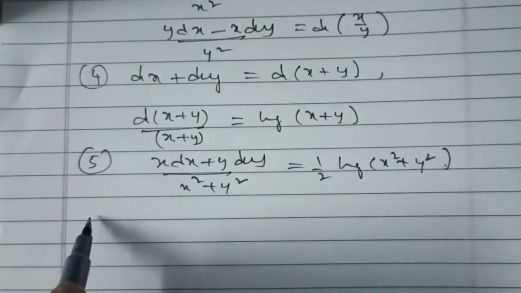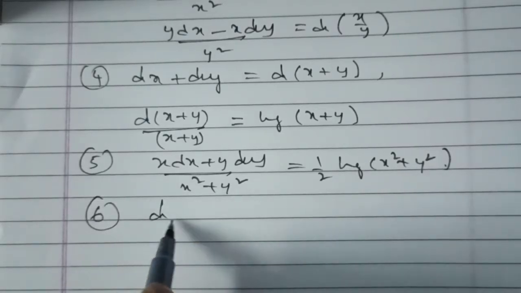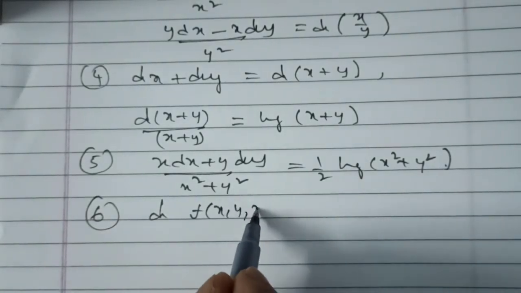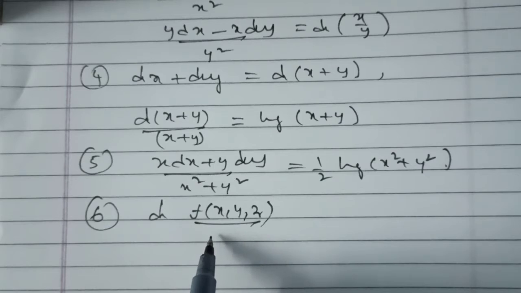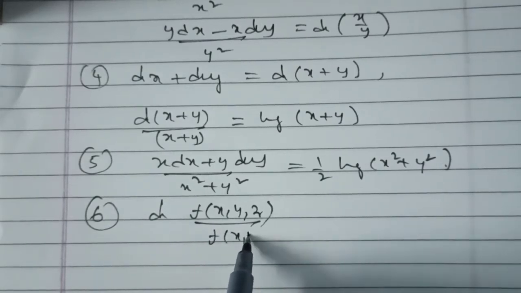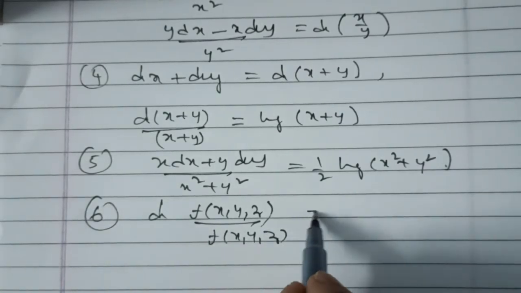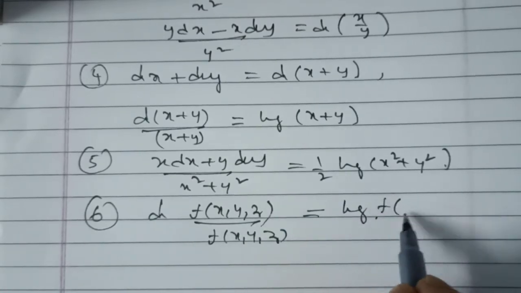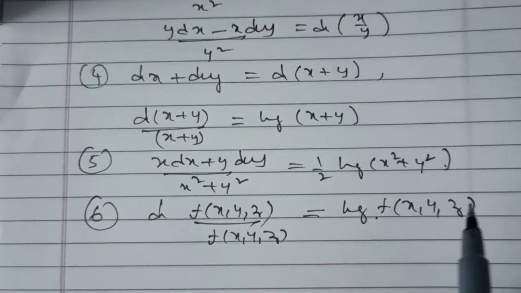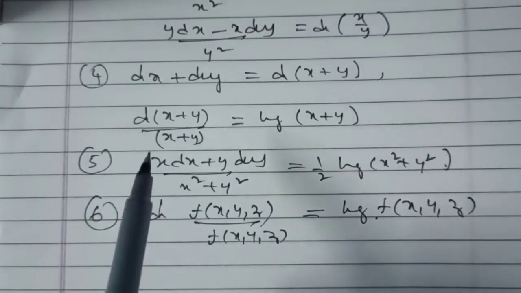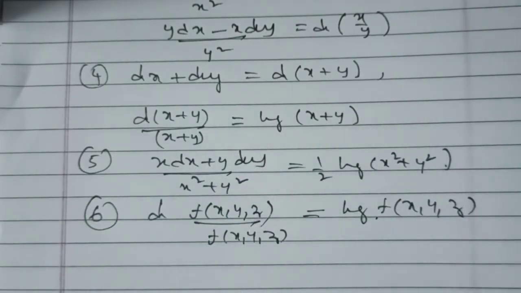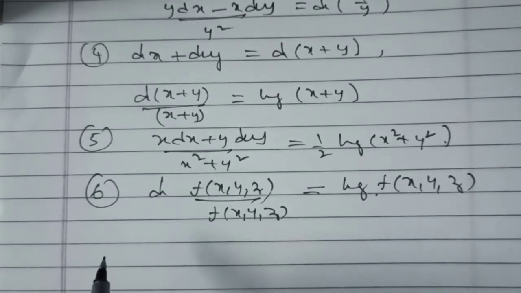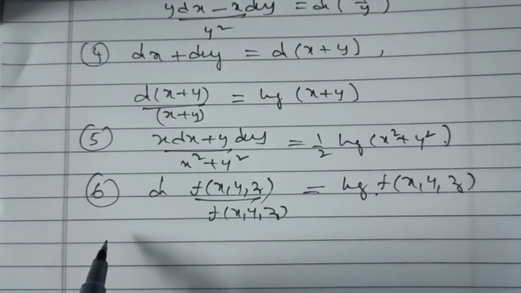Next, sixth one, d of f of x, y, z divided by f of x, y, z is equal to log of f of x, y, z; denominator differentiation is in numerator, that we discussed earlier.